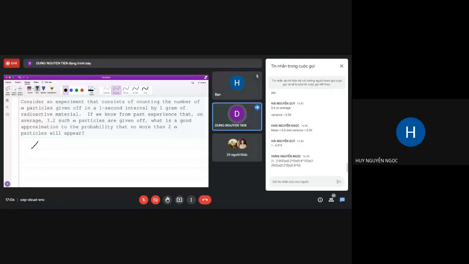So suppose that X is the number of alpha particles given off in 1 second. Then X follows a Poisson distribution with the parameter lambda. In this case, lambda is the mean of X, and that is 3.2.